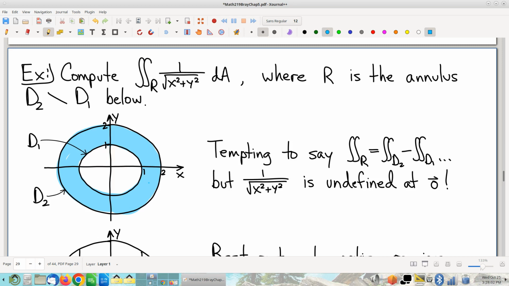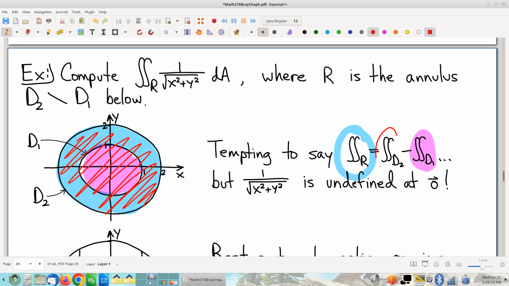This is tempting to rewrite as an integral on this purple region subtracted off of an integral on this larger red region. Tempting to take the whole solid disk and subtract off the inside purple disk, and then the blue moat would remain. Very tempting.